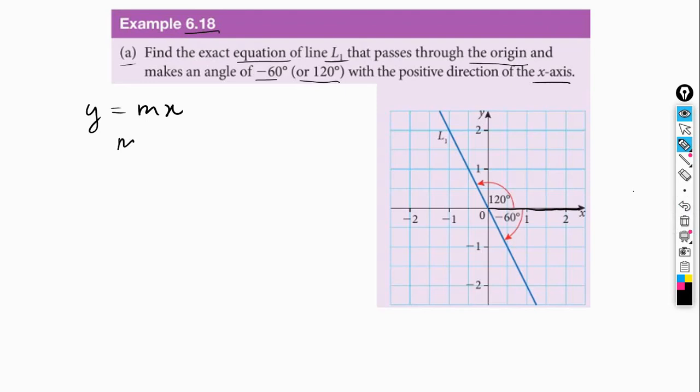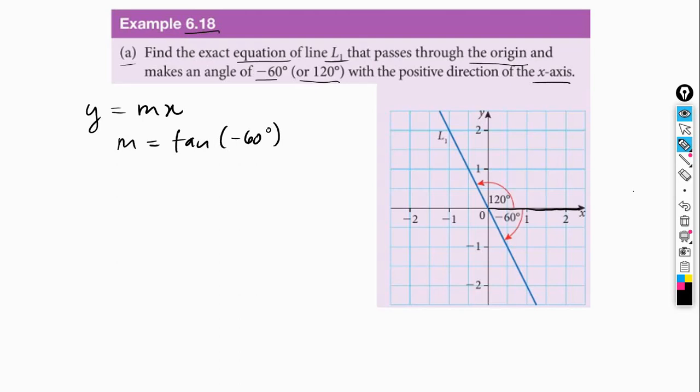But we know that m is equal to the tangent of the angle. So in this case, negative 60 degrees. It could also be tangent of 120 degrees because they are equal.